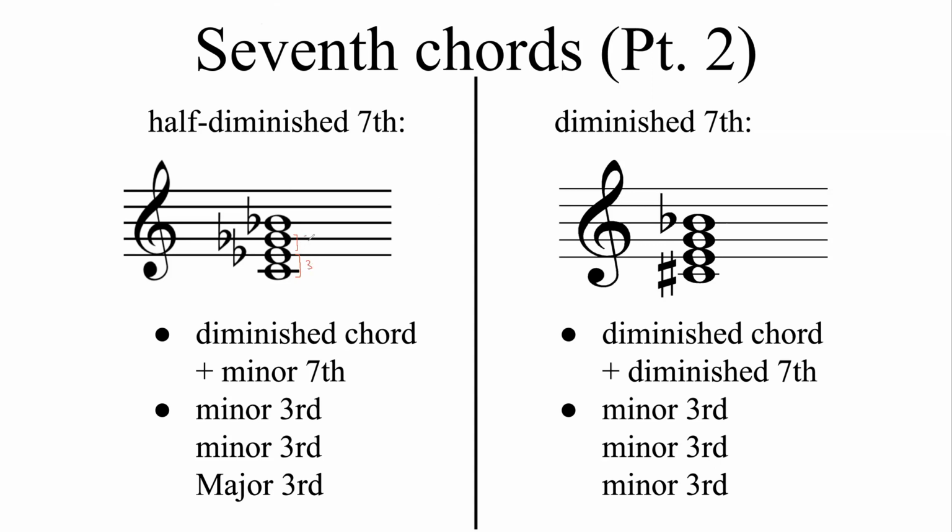And then we have 3 half steps, and then this should be 4 half steps. Right? So it's B, C, C sharp. E, C sharp. E, F, F sharp, G.